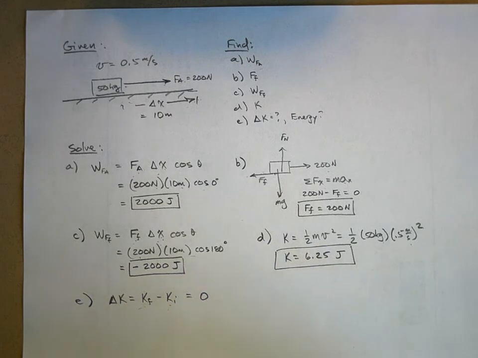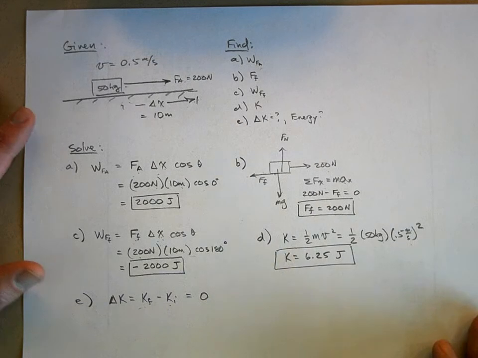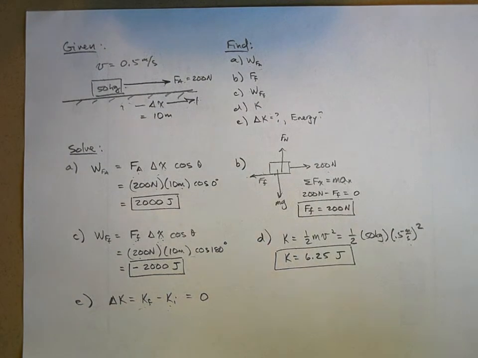Now the last part, it says, where did the energy go? When you look at the world and at problems with this concept of energy in mind, you have to account for the energy. Where did it go? Energy is not created or destroyed by any process. It's only transferred from one way of storing it into another way of storing it or manifesting in the universe.